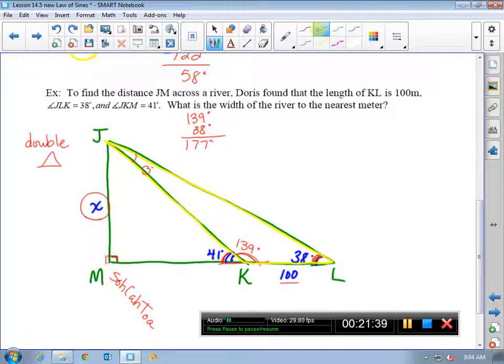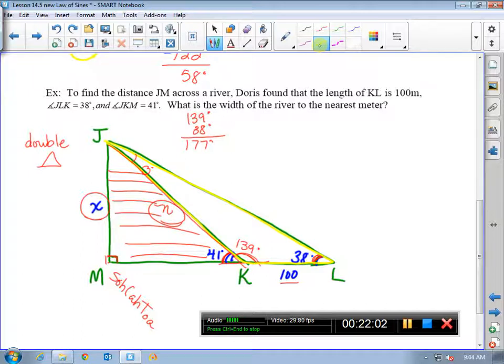Okay. Then in this big triangle, I'm going to recommend that you always find this shared side between that outer skinny triangle and the right triangle that's over here. Because if we know n, that's the hypotenuse of the right triangle. So let's make sure we have what we need.